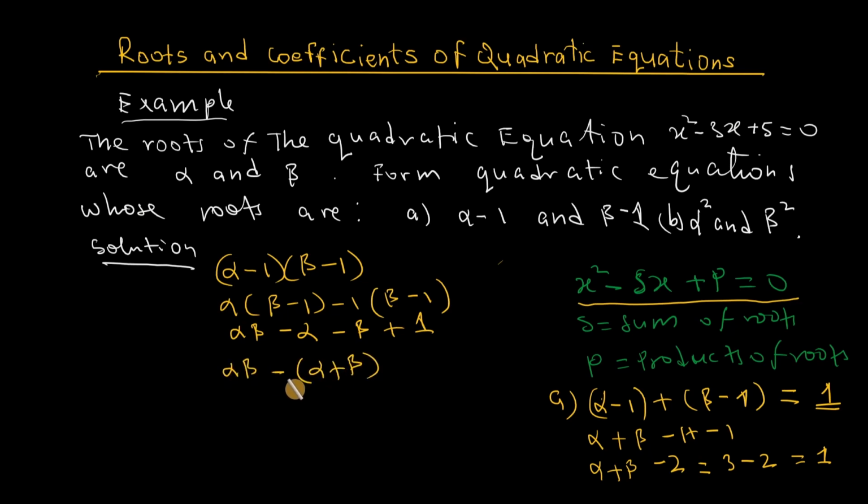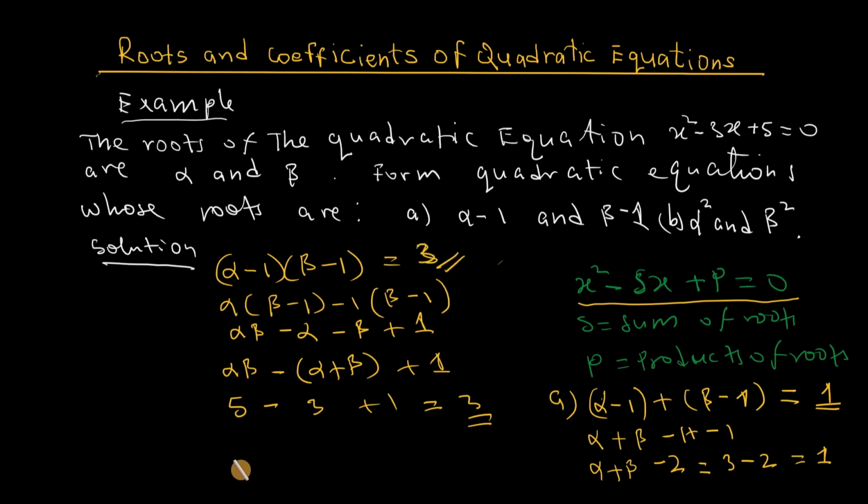So I open this, I'm going to have this plus 1, but our alpha plus beta was 3 and our alpha beta was 5. So here I have 5 minus 3 plus 1, which is the same as 2 plus 1, 3. So it means the product of roots is 3.